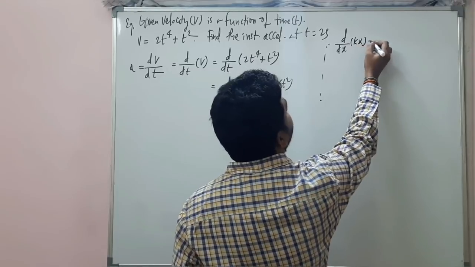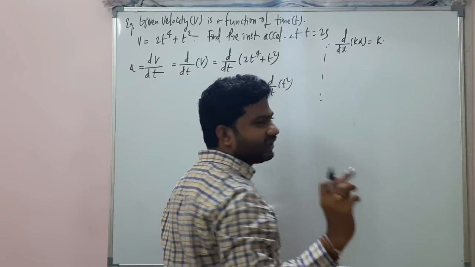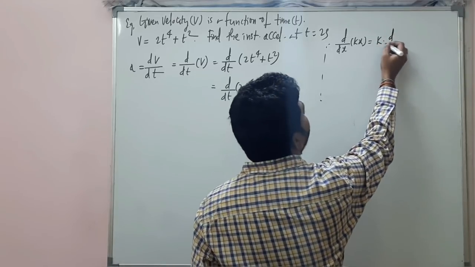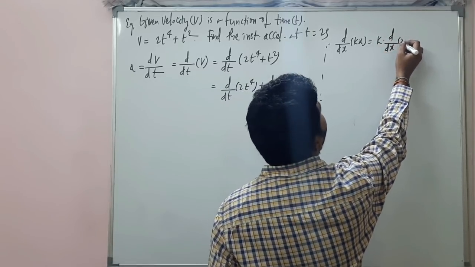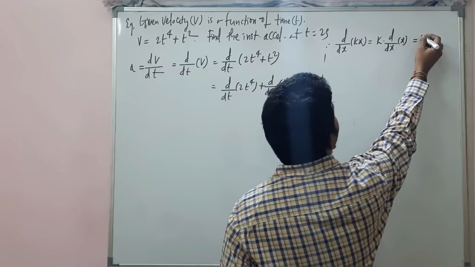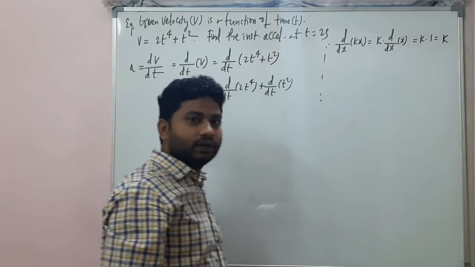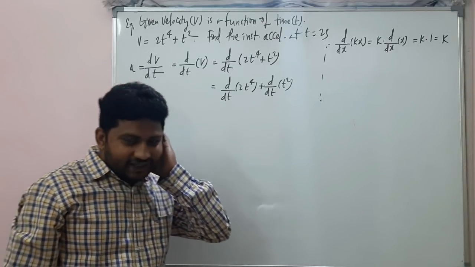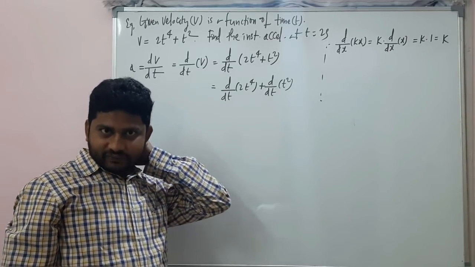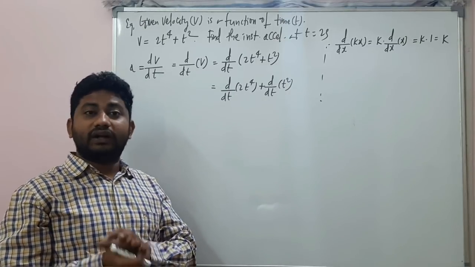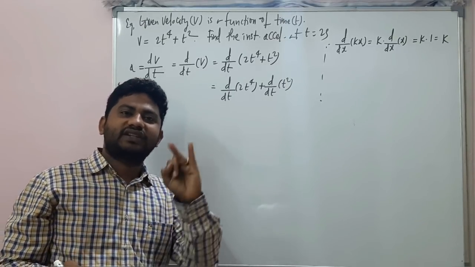kx, which is equal to, k will come outside when k is constant, that is a number. K will come out and that will be d by dx of x. D by dx of x is 1. So k into 1, which is k. Again I have written here because I have seen from all these years that 99% of the students will suffer in application of differentiation and integration.